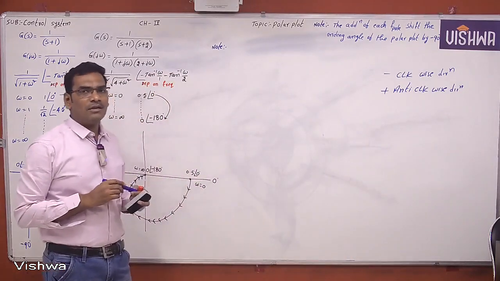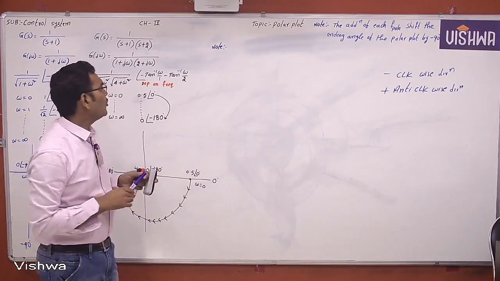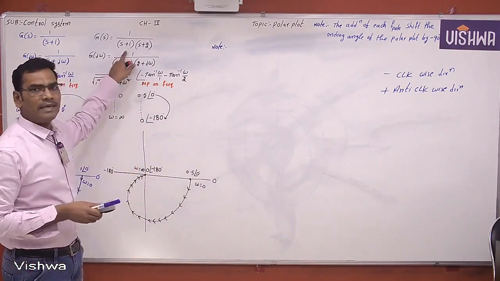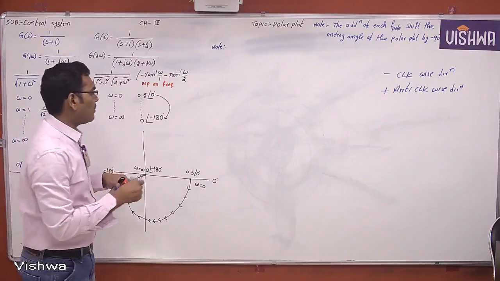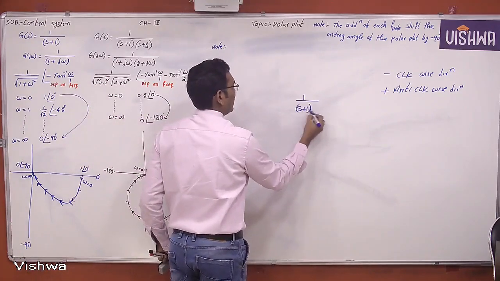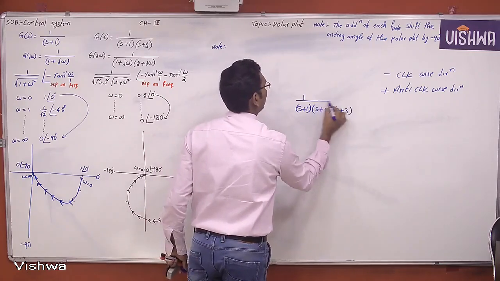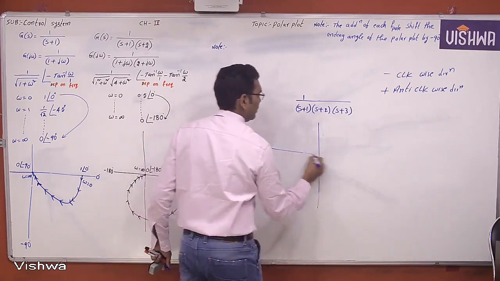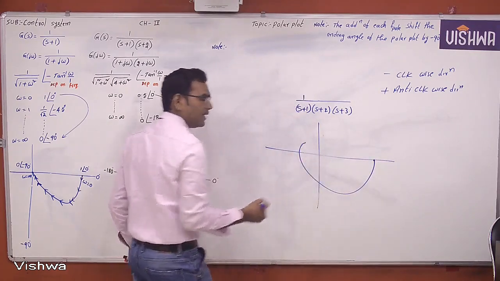So without drawing the polar plot, without finding the magnitude and phase angle, now tell me what is the polar plot of 1 by S plus 1, S plus 2, S plus 3? Without finding the magnitude and phase angle, I can easily say that the starting angle will not shift, but the ending angle is shifted by minus 90 degrees.